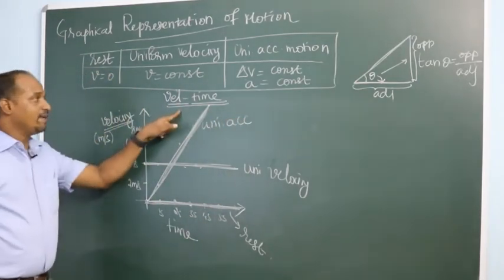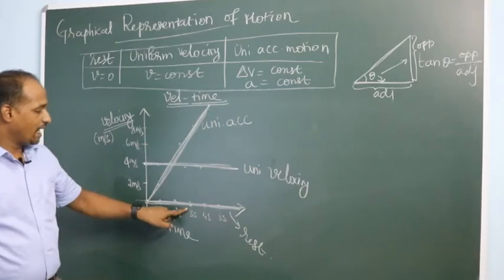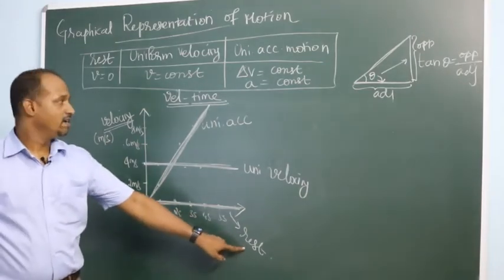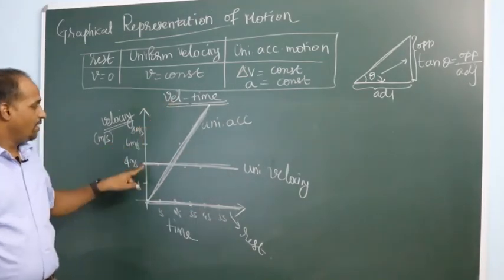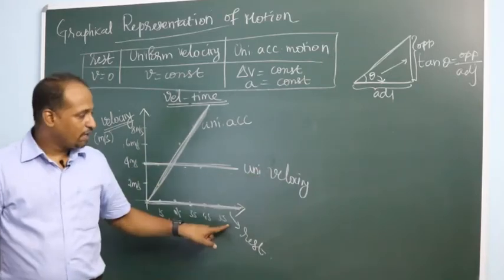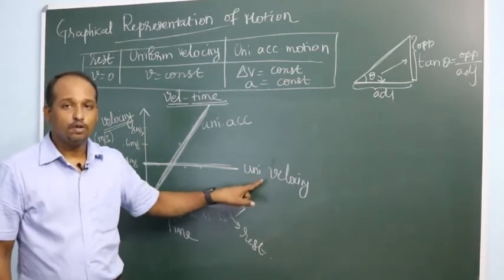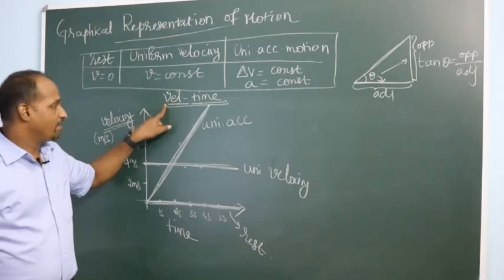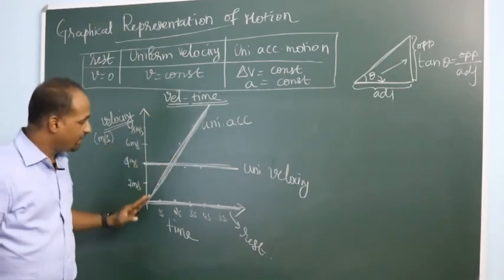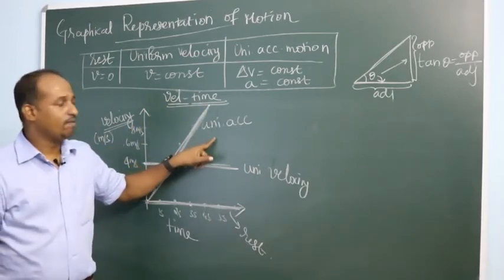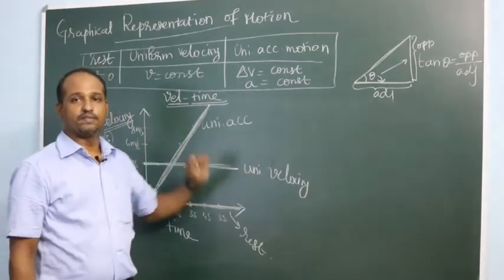So in the velocity time graph, if the graph is on the time axis, that represents rest. If the graph is parallel to the time axis, that refers to uniform velocity. If the graph is an inclined straight line, that is uniformly accelerated motion.